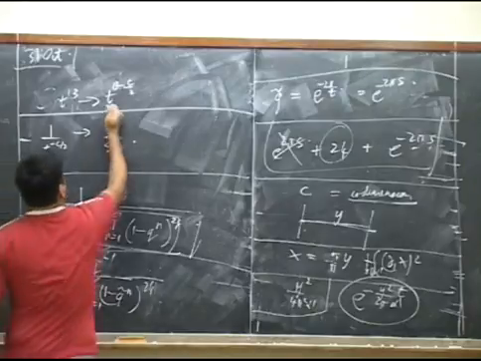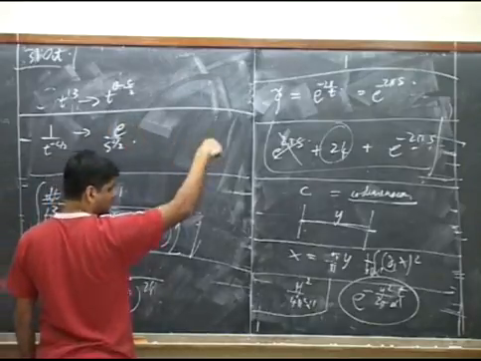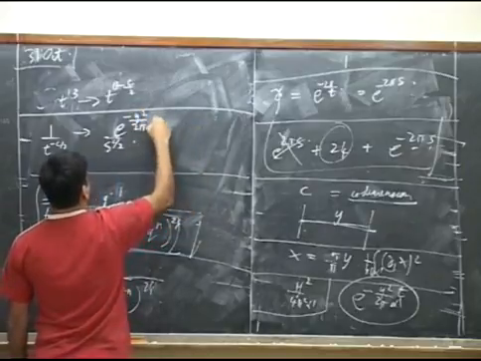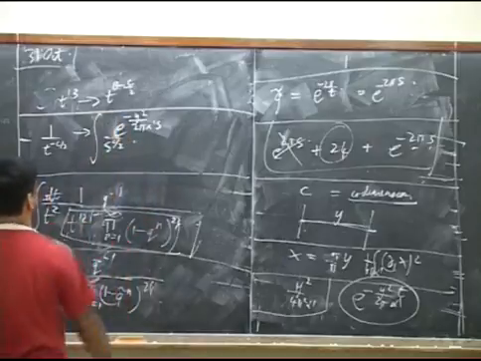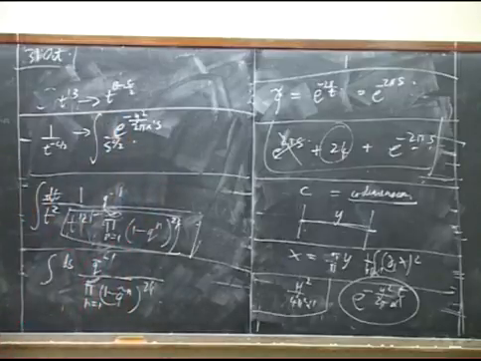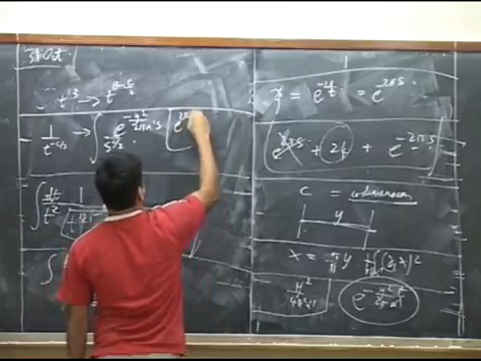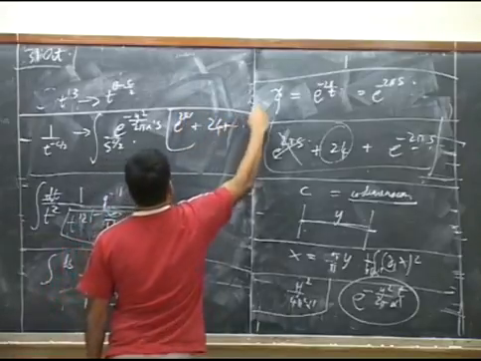We'll also get an additional factor of e to the power minus y squared over 2 pi alpha prime s, times this power series expansion here, e to the power 2 pi s times 24 plus 2.